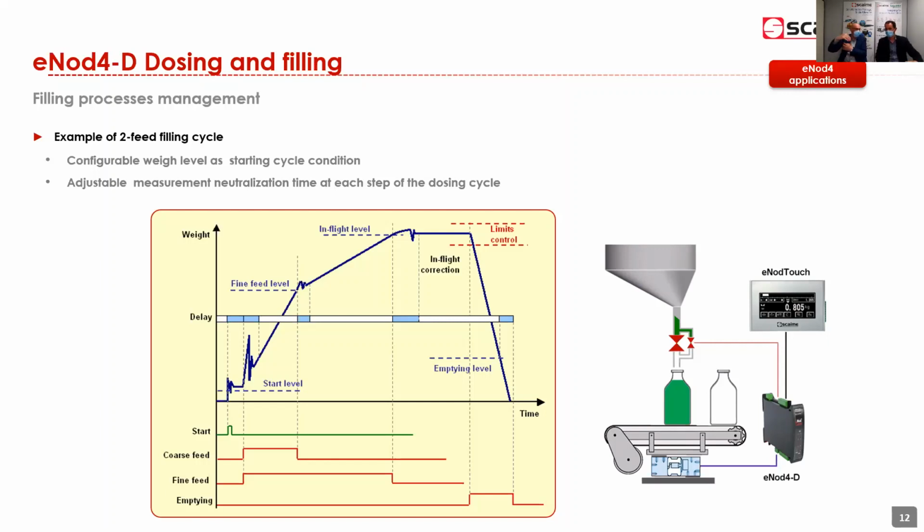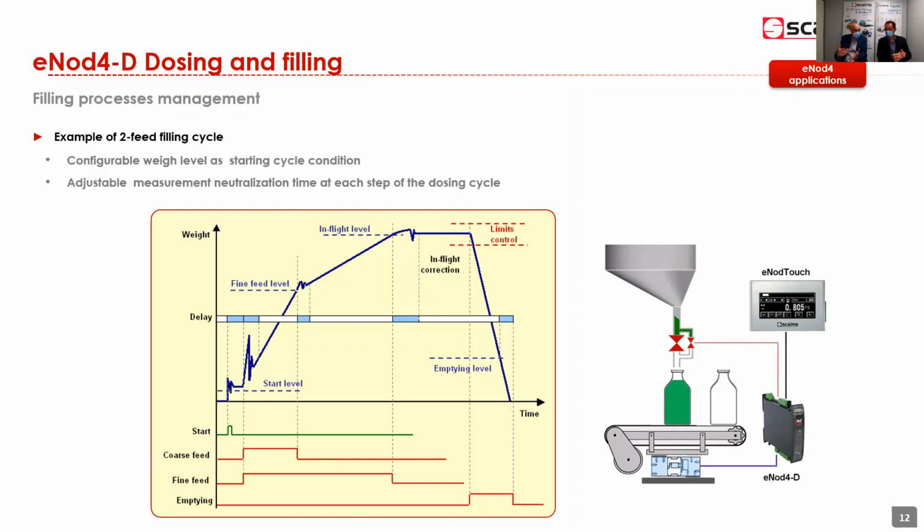The configuration will be done not in 2 steps, but in three steps: slow, fast, and slow. Here it's an example of applications where it's mandatory to have this configuration of feeds to optimize the cycles.